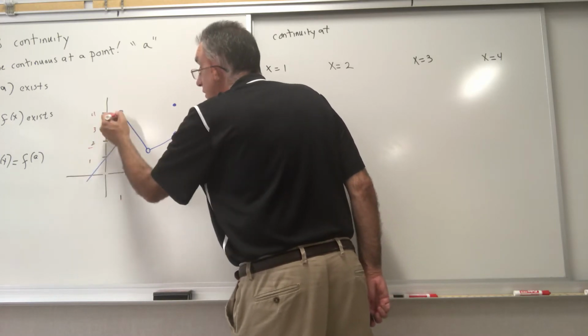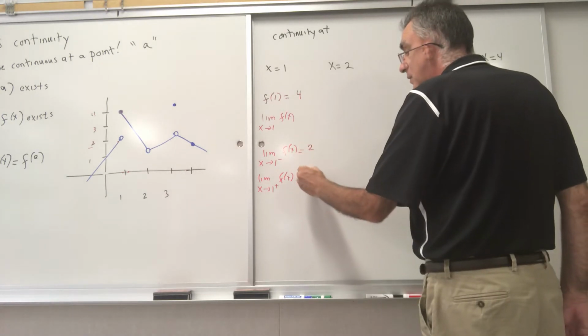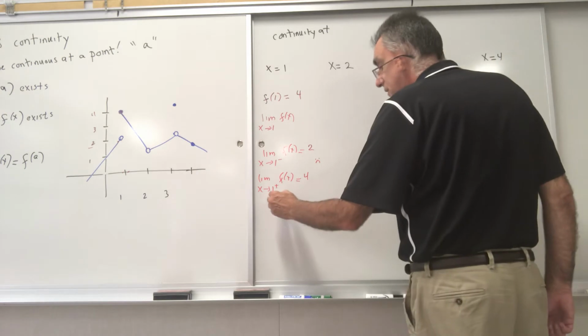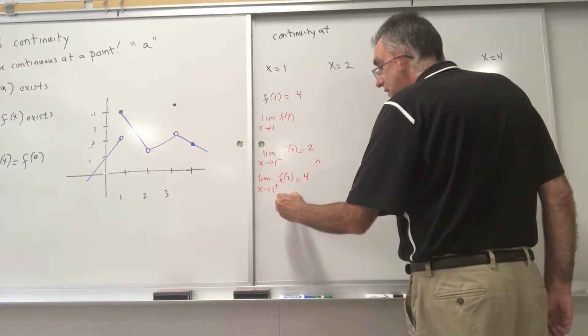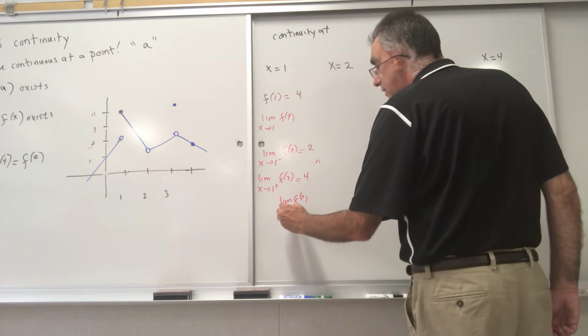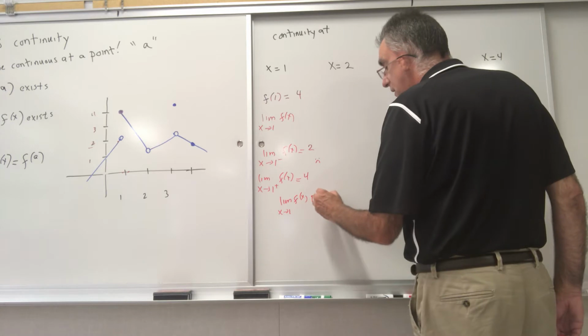On this side of 1, I'm pretty close to 4. So on the left side, I'm 2, and this side, I'm 4, oh, sad face. The limit does not exist. The limit of f of x as x approaches 1 does not exist.